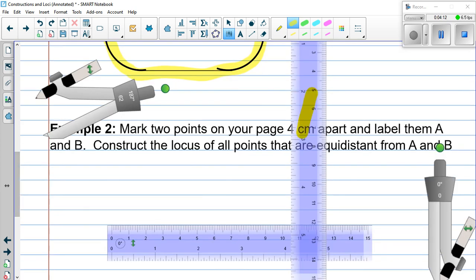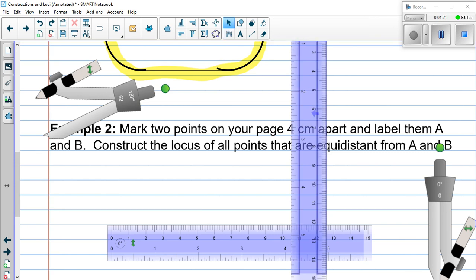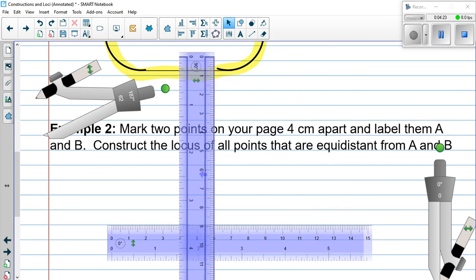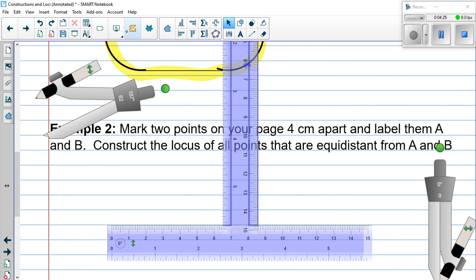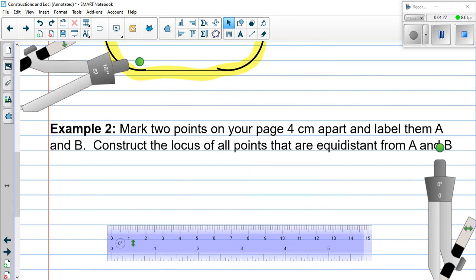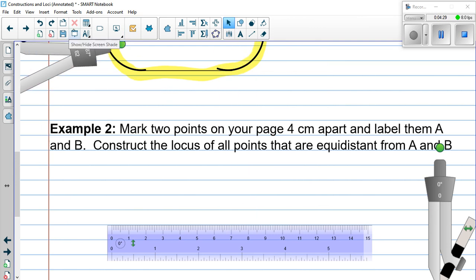So, question 2 now, or example 2, I should say. Just letting my computer think. So, example 2, let's get rid of this stuff. Mark 2 points on your page 4 centimeters apart. Okay. So, first off, like I said, don't skip yourself way too ahead, read too much. 4 centimeters apart.